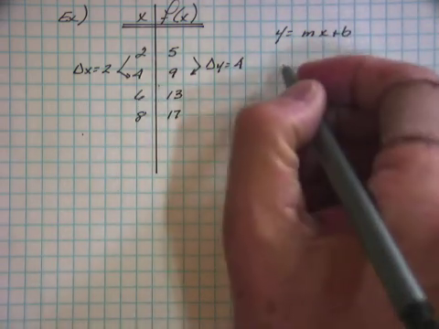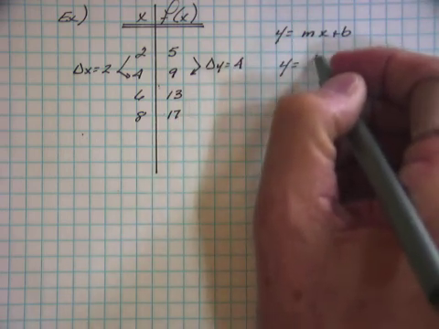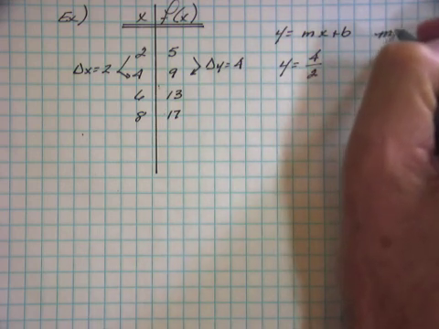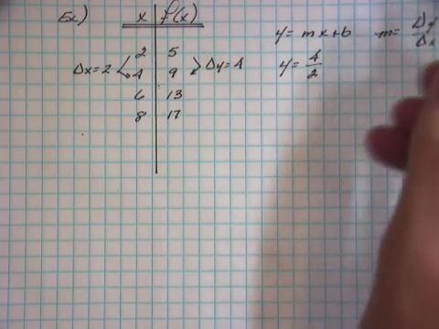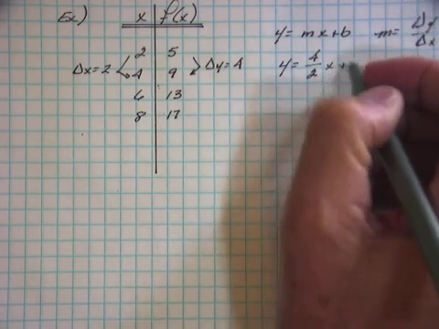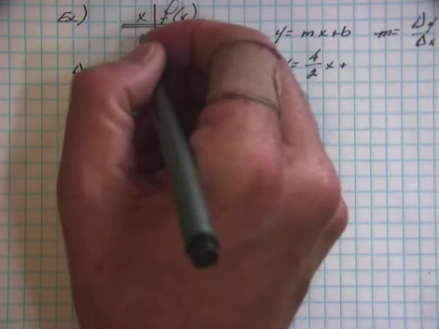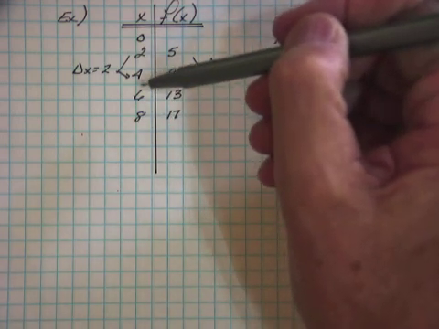And my change in y, delta y, equals 4. And again, that's consistent. 5 to 9 is 4, 9 to 13 is 4, 13 to 17 is 4. So y equals delta y, which is 4, over delta x, which is 2. Remember, m equals delta y, change in y over change in x.